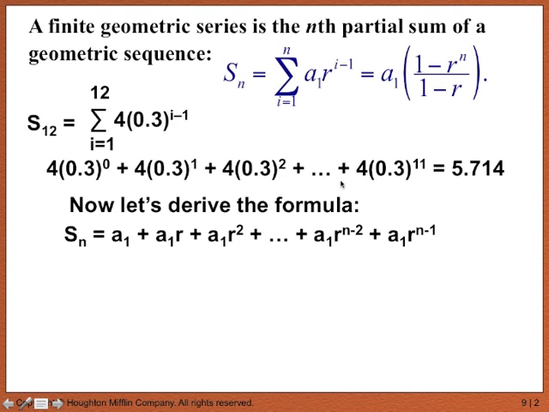And notice that just as this 11 is my i minus 1 from the specific case, because 12 minus 1 is 11, well, in the general case, notice that this last exponent is n minus 1. Again, it doesn't matter whether we're talking about i's or n's or k's or j's. All that matters is that there's a variable.